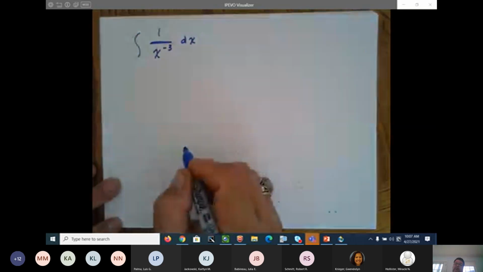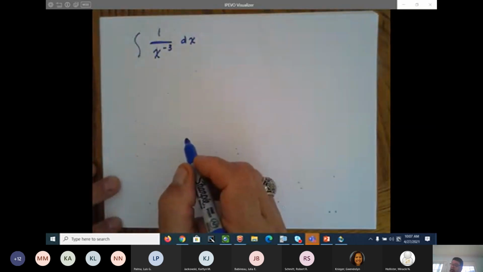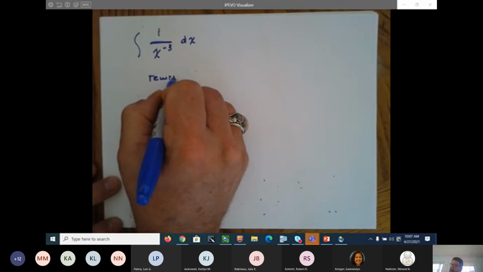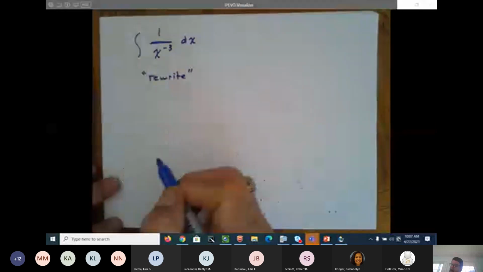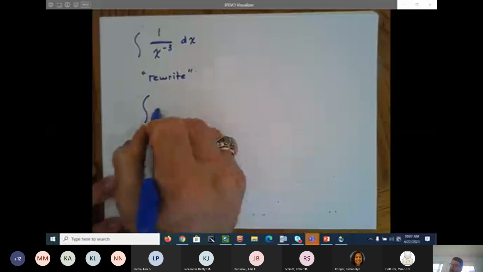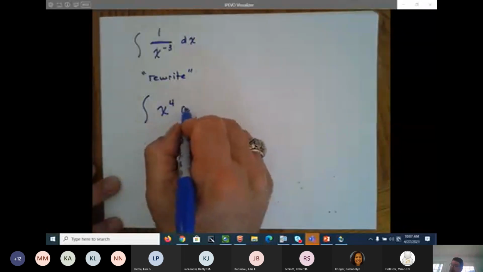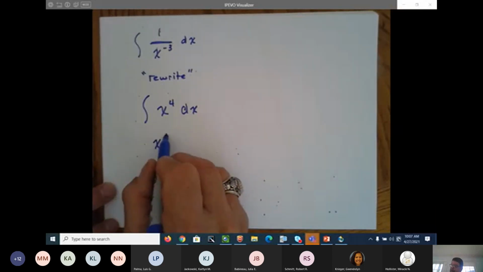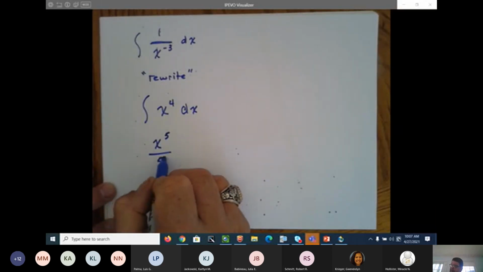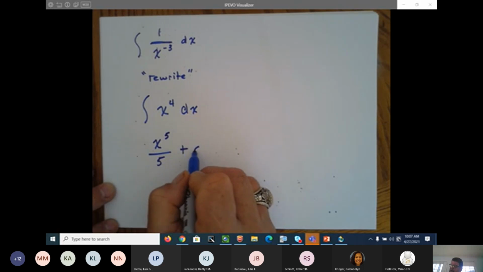You won't see this very often, but again, we're going to rewrite. That's going to give us the antiderivative of x to the fourth dx. And that's going to be x to the fifth over 5 plus c.